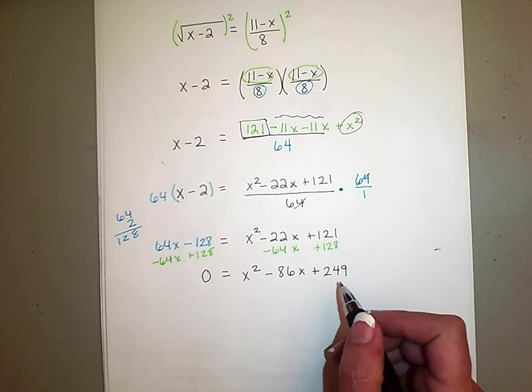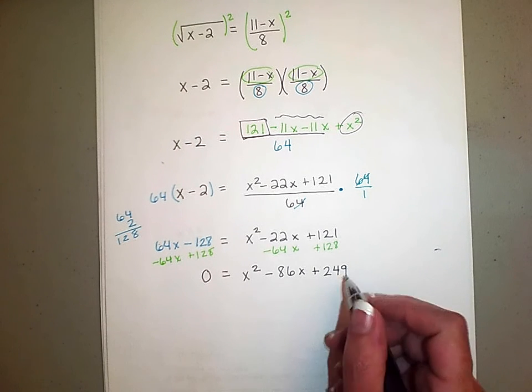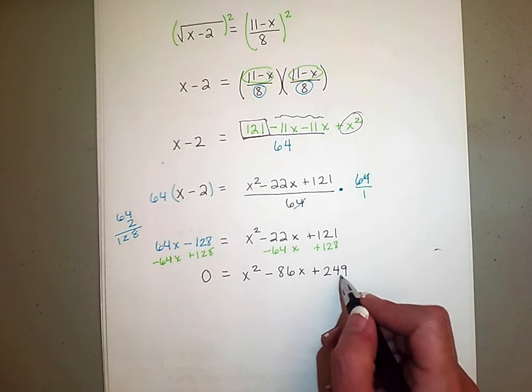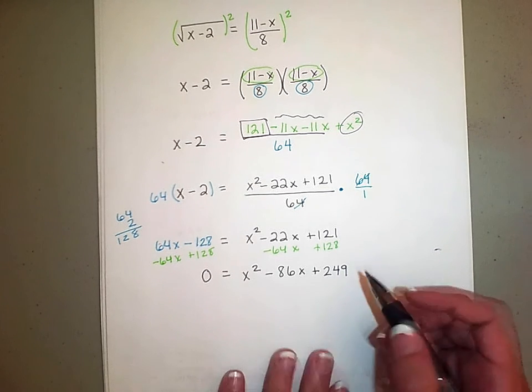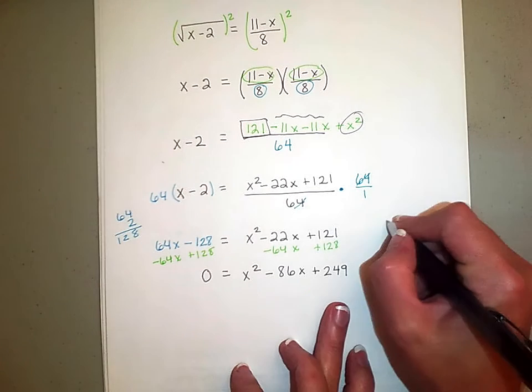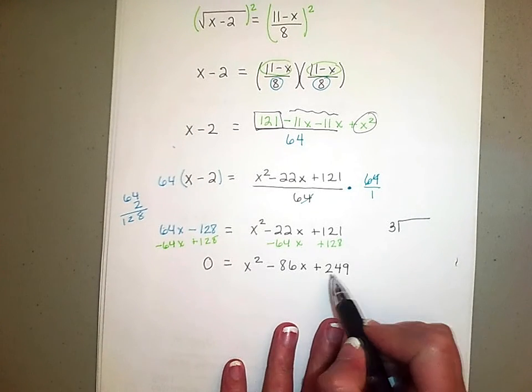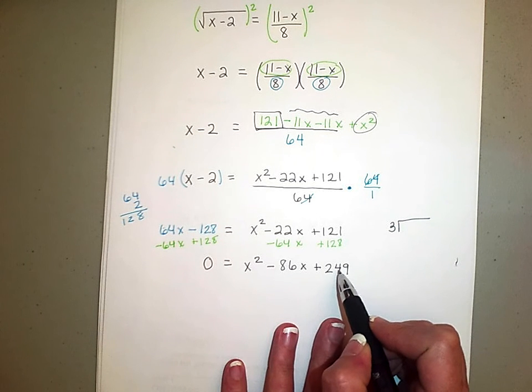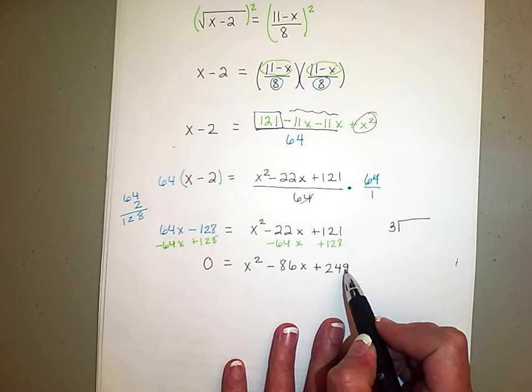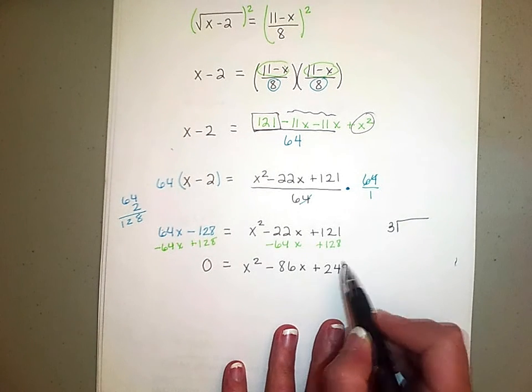And I have a sneaking suspicion this factors. Okay, 249. I know 3 goes into 249 because 2 plus 4 is 6, 6 plus 9 is 15, and 15 is divisible by 3.